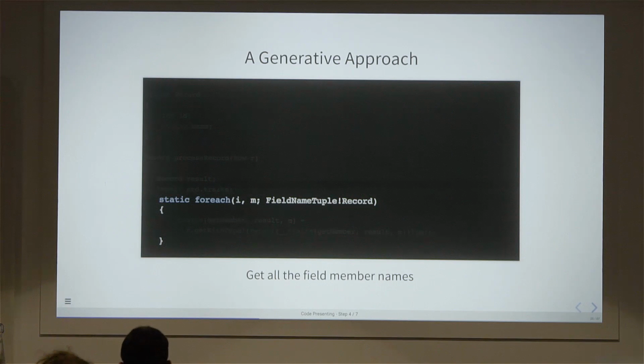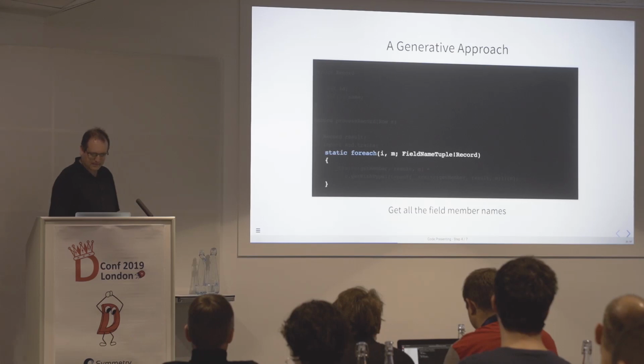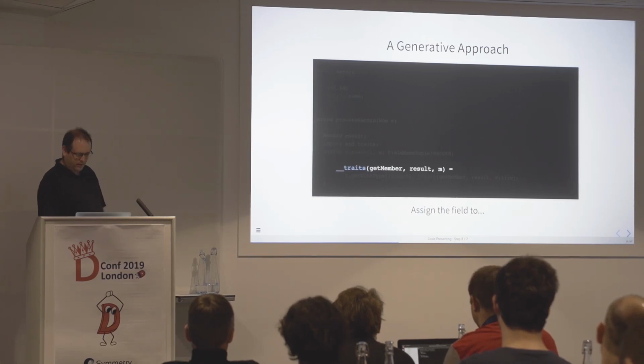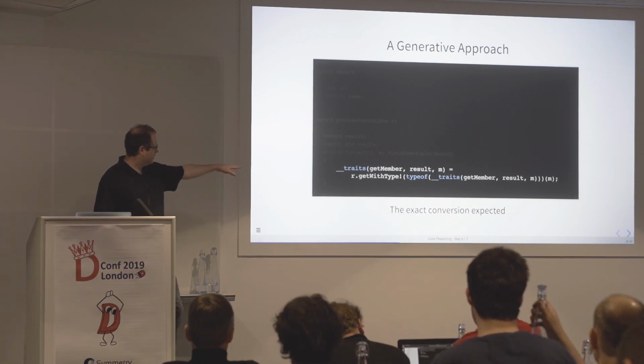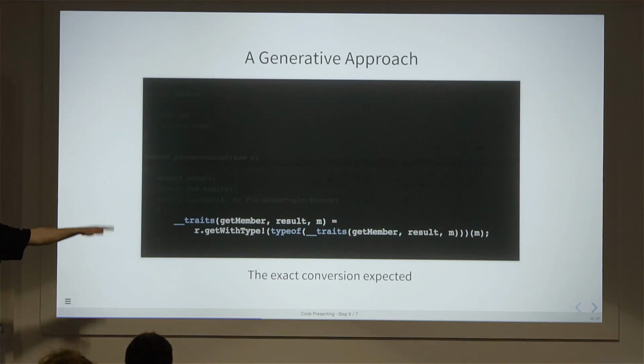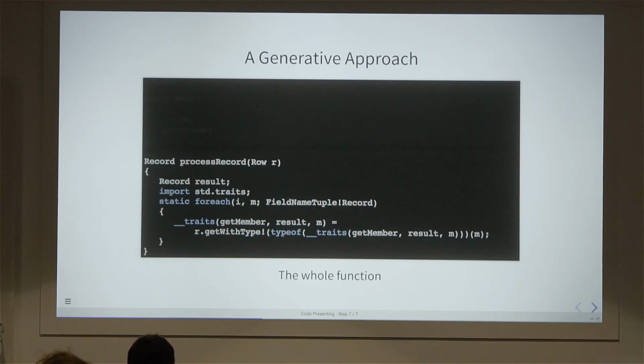And we're using static foreach, so each thing inside here is instantiated separately for each member. We're going to assign the field to the exact conversion expected. So before I was saying get integer, let's assume that the database API has this get with type. If it doesn't, I'm going to write it to wrap that. But in any case, this is the whole function.